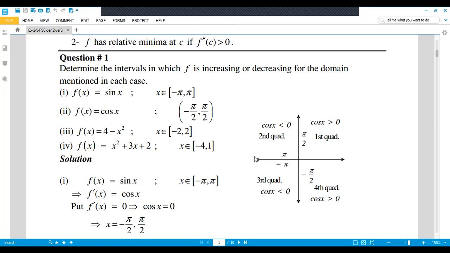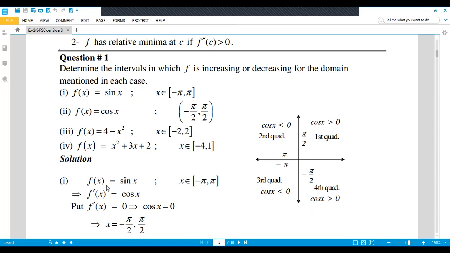This is 180 degrees, here 270 degrees, and then 360 degrees. In the first quadrant cos x is greater than 0, in the second cos is less than 0, in the third cos is less than 0, and in the fourth cos is greater than 0. So this is positive pi by 2, and this one is negative pi by 2.